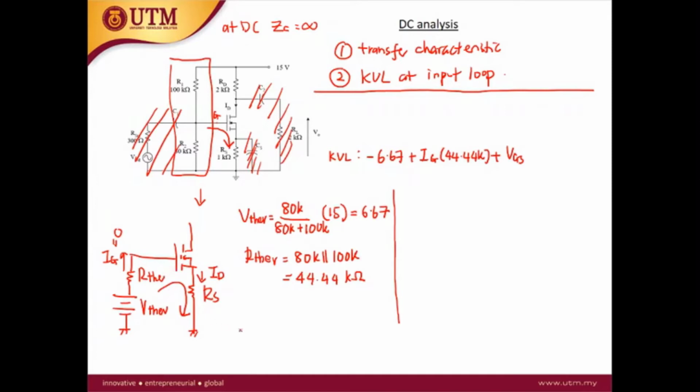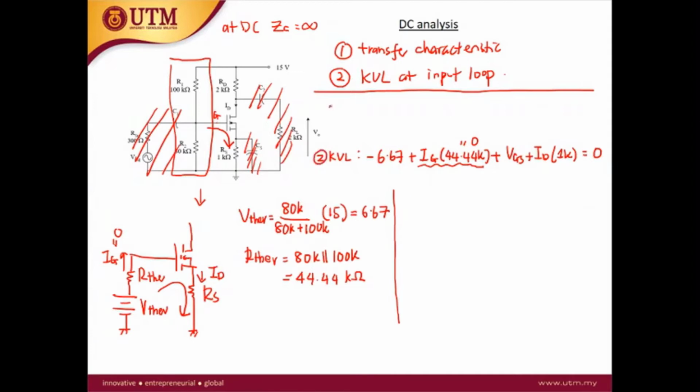Between the two terminals of the MOSFET there will be a voltage drop, because between the gate and source we have the VGS. And then we have ID times RS, where RS here is 1k, equal to 0. IG is equal to 0, so the IG RTH term is 0. This is the second equation.